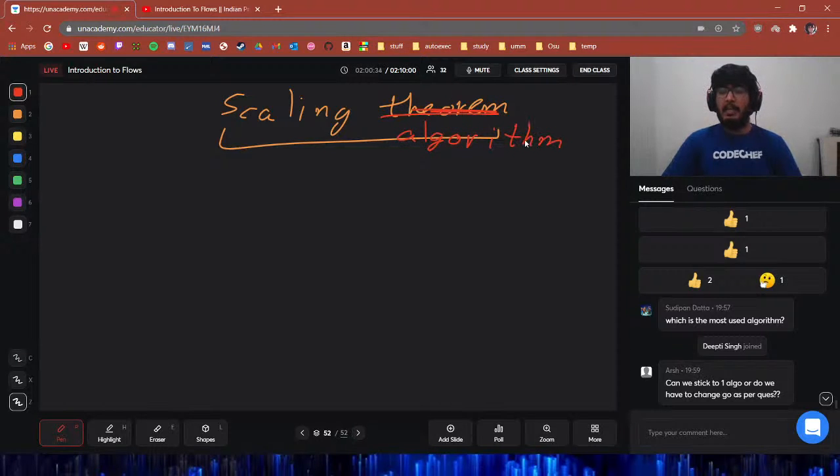In the Ford-Fulkerson algorithm with scaling, we do not try to find a path that has a value less than some c. We choose a large c, and we only try to find paths which have flows greater than or equal to c. Let's say I choose c as 4.